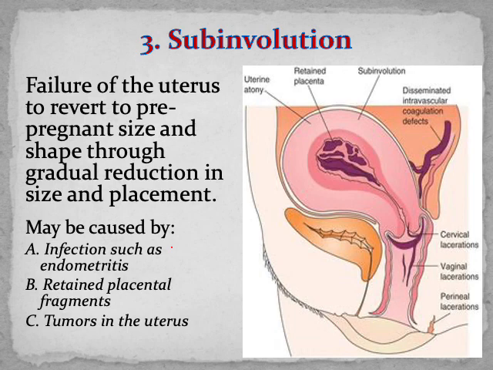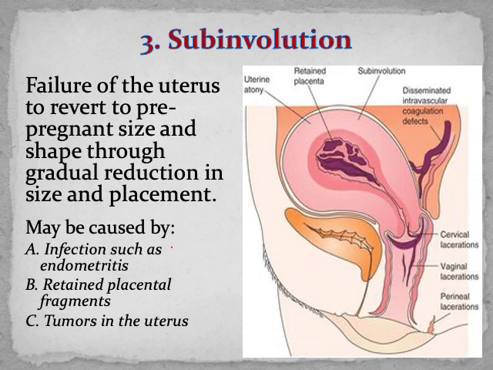So babalik siya, involution, yung pagbalik niya, to the non-pregnant state. Because before, naging 1,000-gram organ ang uterus. Pero babalik siya to a 50-gram organ na umakyat from the symphysis pubis na umabot halos doon sa bandang rib cage nung buntis, pero dapat babalik to the pre-pregnant state na just beneath the symphysis pubis.